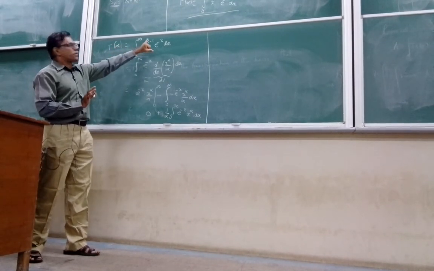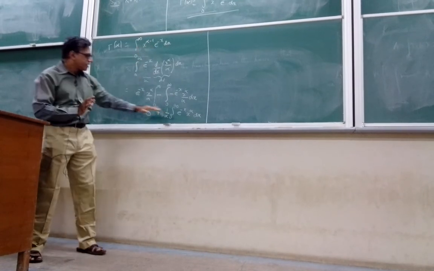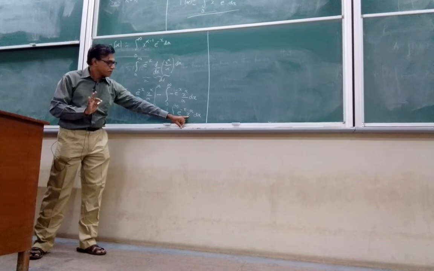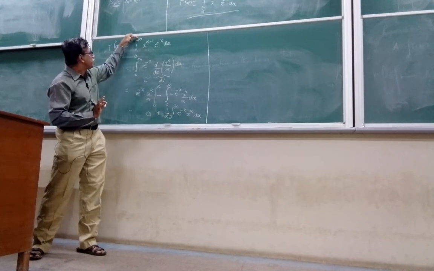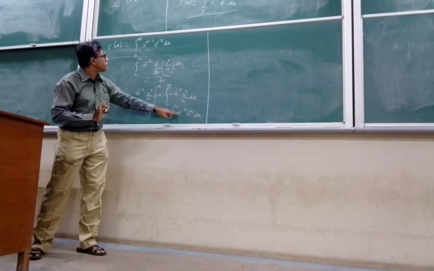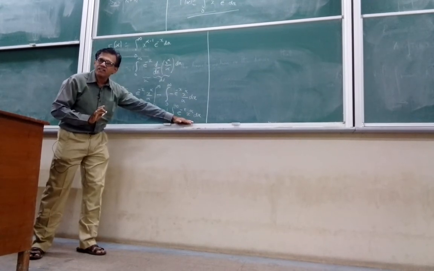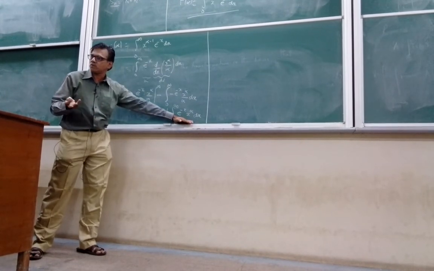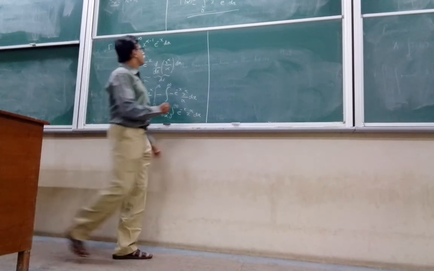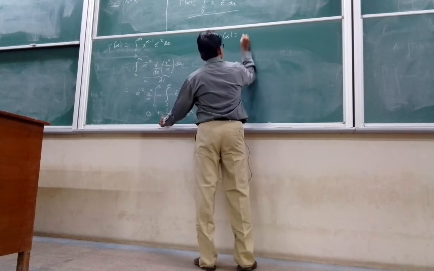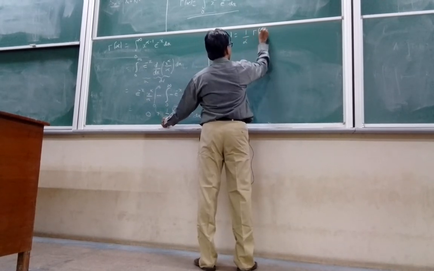Here, x power alpha is here. Otherwise, it is the same limit 0 to infinity, e power of minus x dx, everything is there. So this function is gamma of alpha plus 1. Okay. So it is just 1 by alpha into gamma of alpha plus 1.